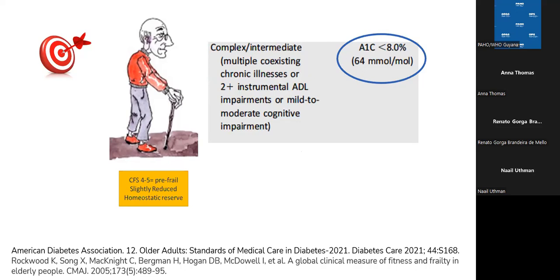So imposing high intensity treatments usually doesn't make sense if a patient has a life expectancy lower than 10 years.